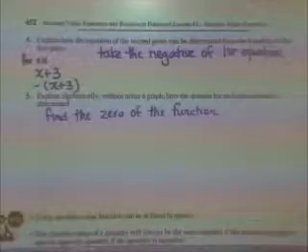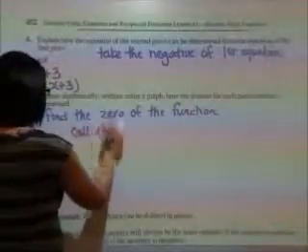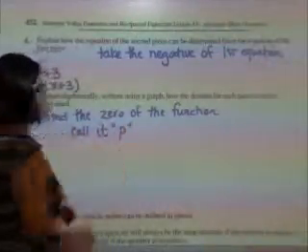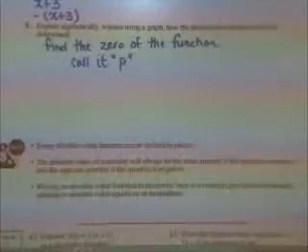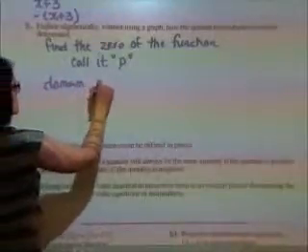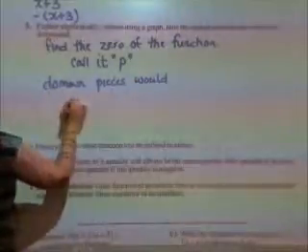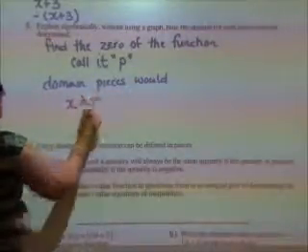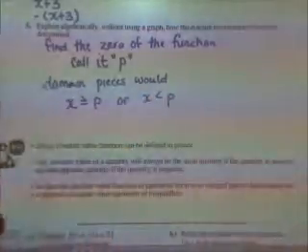And let's say we called it P, P being some value. It could be 4, it could be 8, it could be negative 2/3, whatever that 0 is. Then the domain pieces would be that x has to be greater than or equal to P, or x would be less than P.